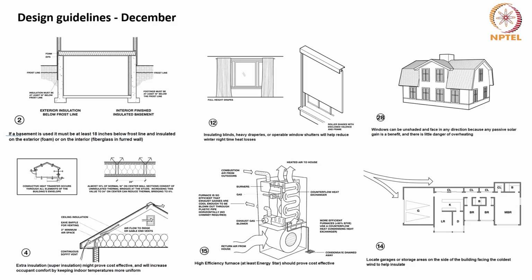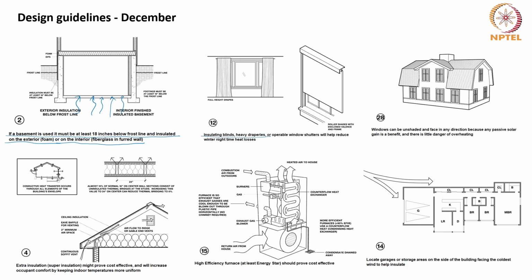So if a basement is used, it must be at least 18 inches below frost line and insulated on the exterior with foam insulation, or the interior with fiberglass infrared wall, so that we are able to insulate the building from cold as well as benefit from the earth's warmth during that time.